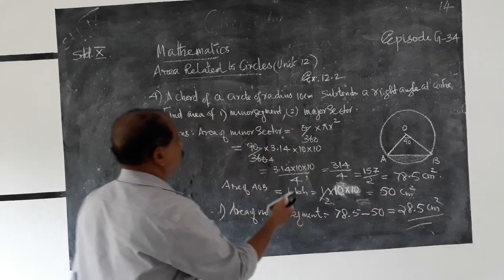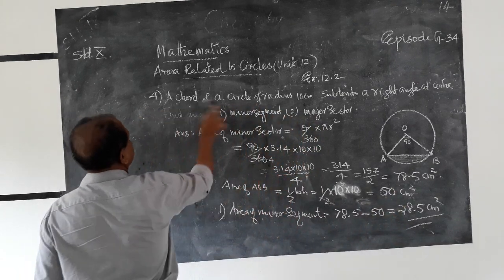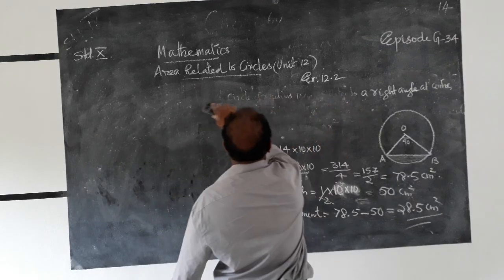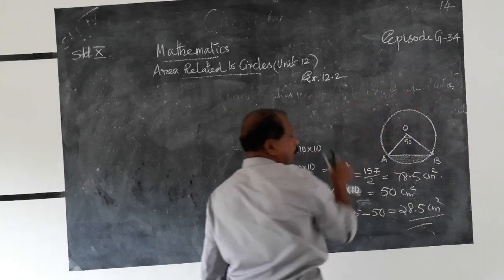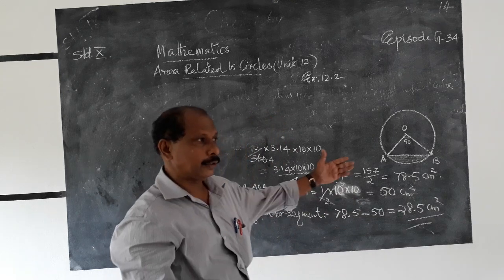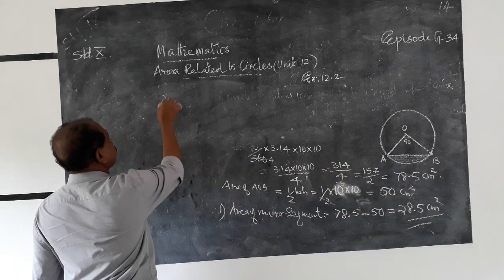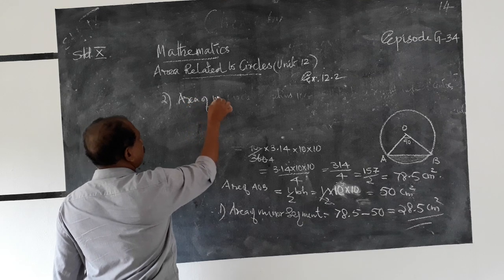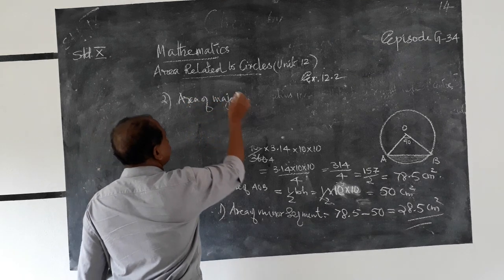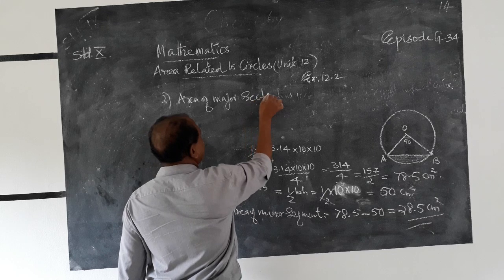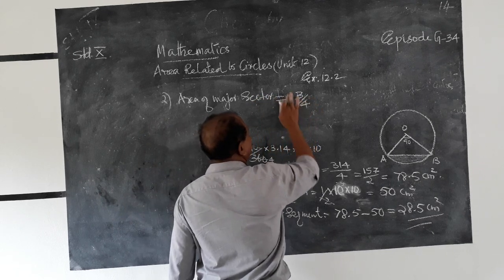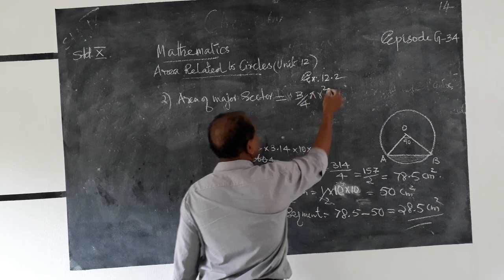Therefore, area of major sector is 1 by 4 of the area minus sector. Therefore, area of major sector is equal to 3 by 4 of pi r square.